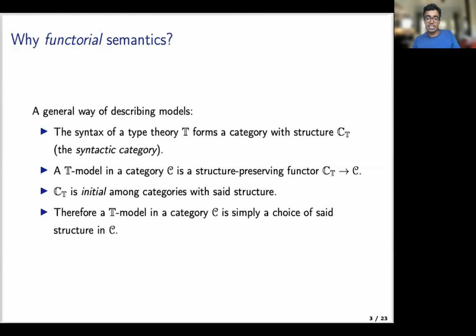And therefore, finding a model in some arbitrary category is exactly the same thing as describing a given structure of that kind in that category. So, for example, a model of the theory of groups in a category would be a group object in that category. That's one example, say, a traditional example of functorial semantics.